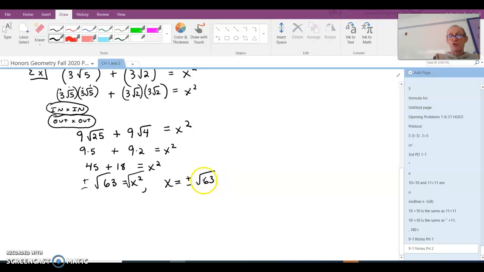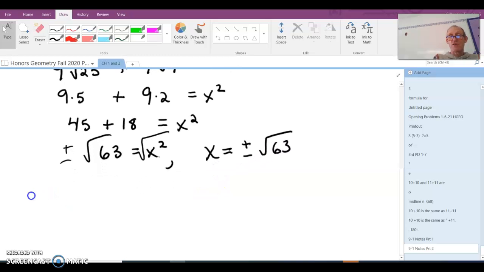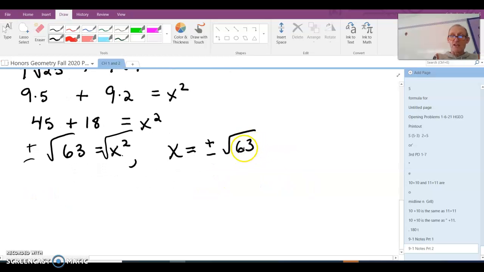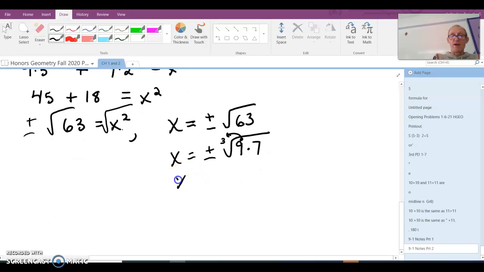But what we should notice is this square root of 63 has to be simplified. So x equals plus or minus, I'm going to write 63 as 9 times 7. And then this 9 comes out as a 3. So I'm done by writing x equals plus or minus 3 times the square root of 7.